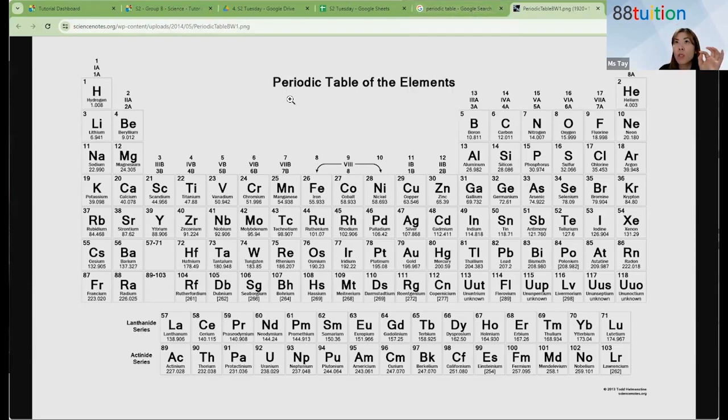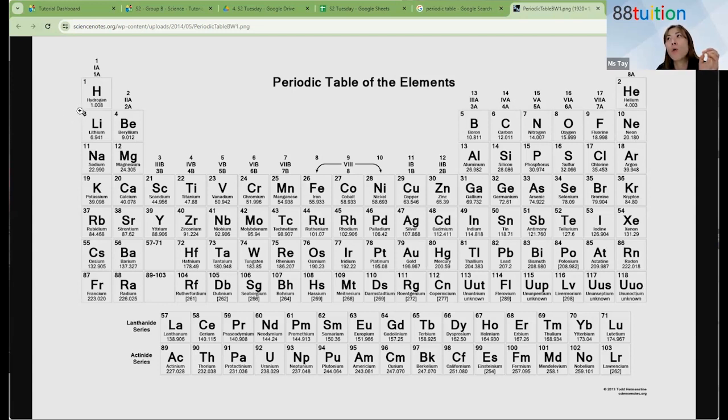Anyway, you all know hydrogen is actually floating somewhere, and there's a reason why hydrogen is found there. Group 1 consists of lithium, sodium, potassium, rubidium, cesium, and francium. Then we have group 18, helium all the way to this unknown.